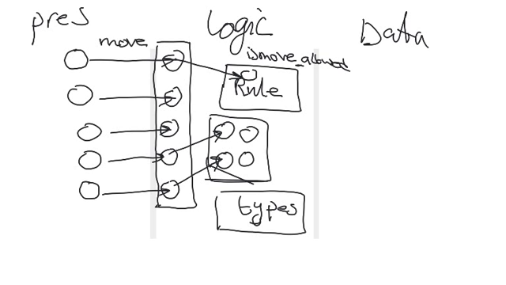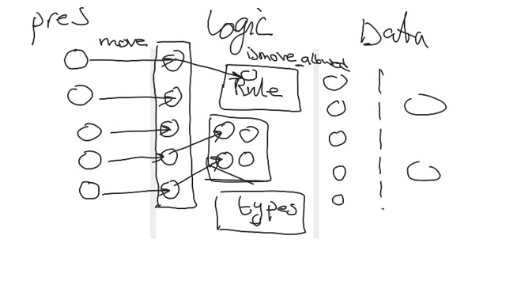Okay, so when it comes to the data tier, that's kind of the same thing. We're going to have functions here, which allow us to manipulate the data. So there is some kind of abstraction involved here. The data can be on the same server, or it can be somewhere else around the world.